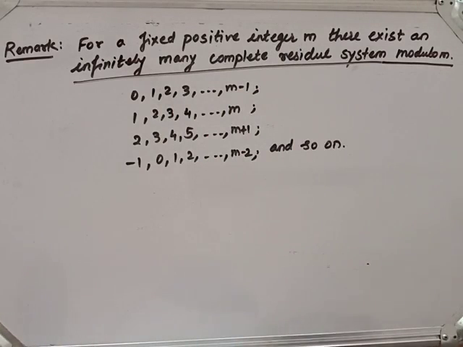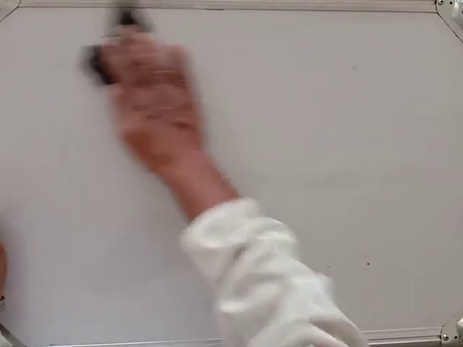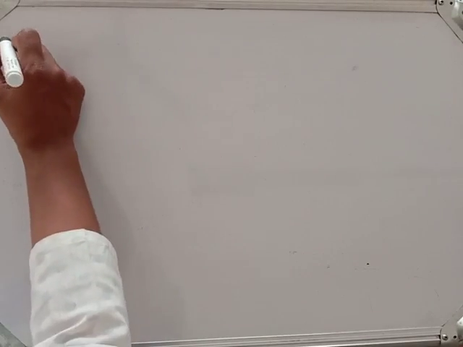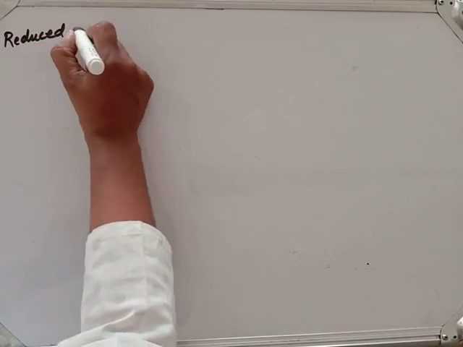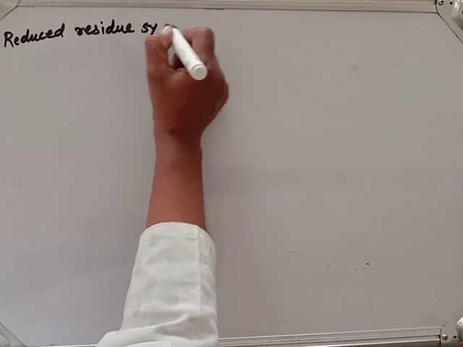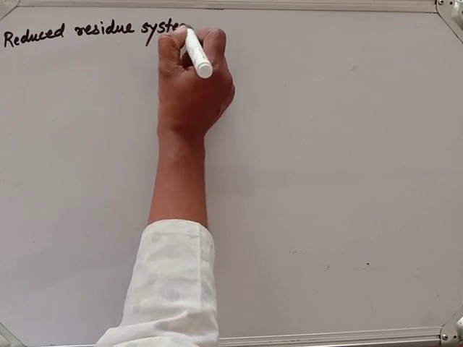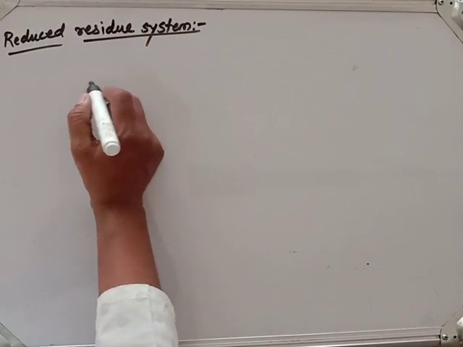Now the next important definition is of the reduced residue system. What is the reduced residue system? Let us see the definition of reduced residue system. Here also some integers are given to us.